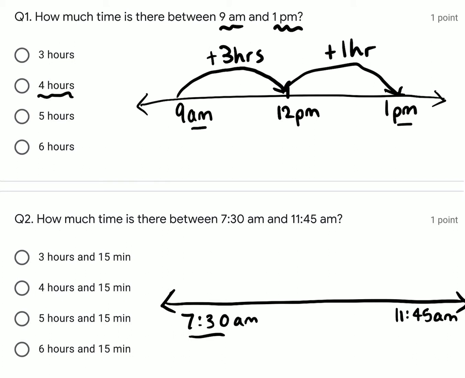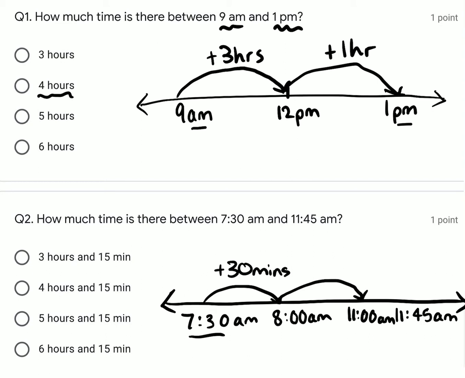So what's the nearest whole hour? It would be 8 a.m. So from 7:30 a.m. to 8 a.m., that's just another 30 minutes. And now from 8 a.m., I can take it to 11 a.m. So I'm just working in hours, nice and easy.